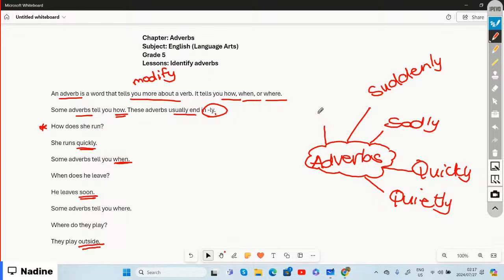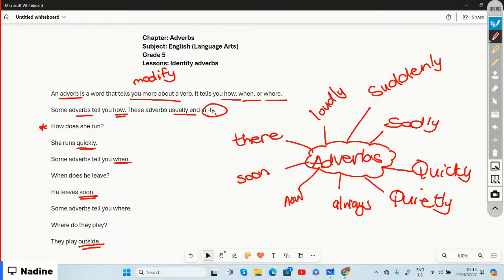Loudly, he chews loudly. Always, now, soon. These are all adverbs, right? There. That is but a few examples of adverbs.